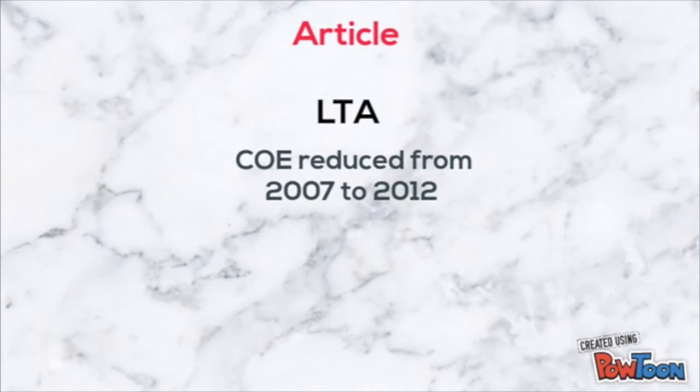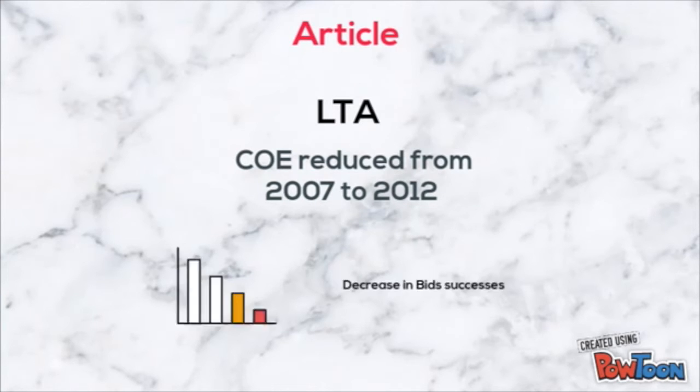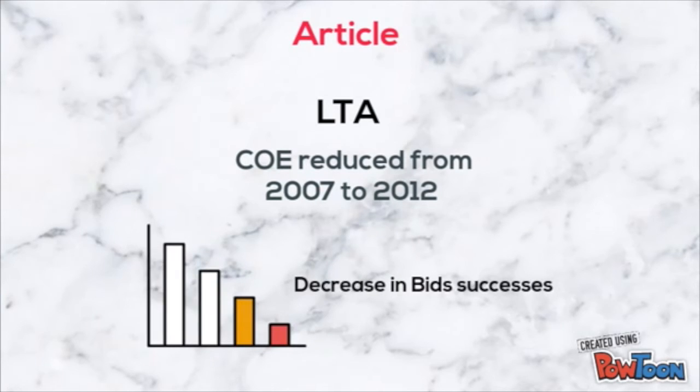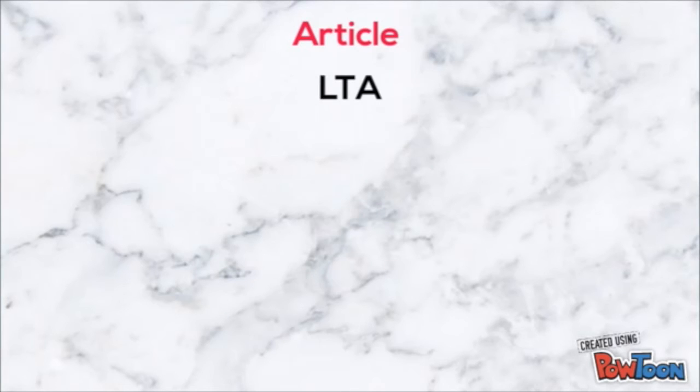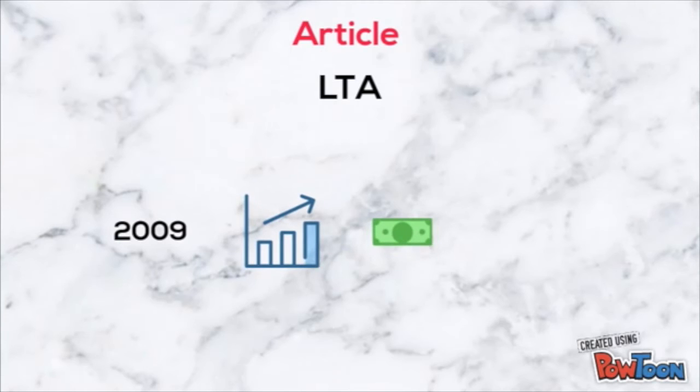On top of that, based on an article published by LTA, the number of COEs were reduced from 2007 to 2012, which is another possible reason for the decrease in COE bid successes. Another reason based on the same article says that in 2009, there was a rapid increase in COE prices, which explains why the COE bid successes have been decreasing at a constant rate.